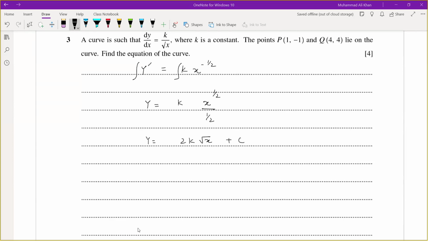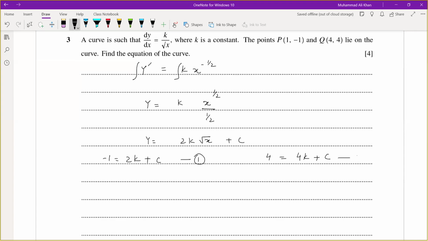Now, after that, by the help of the point 1, minus 1, if we replace y with minus 1 and x with 1, the first equation we are getting is 2k plus c equals minus 1. And if we replace y with 4 and x with 4, under root of 4 is 2, so 2 twos are 4, 4k plus c.